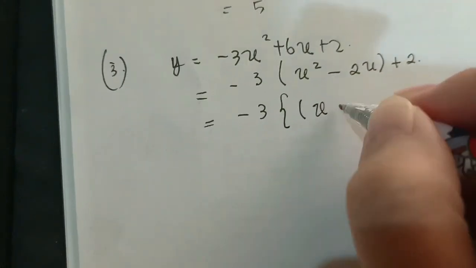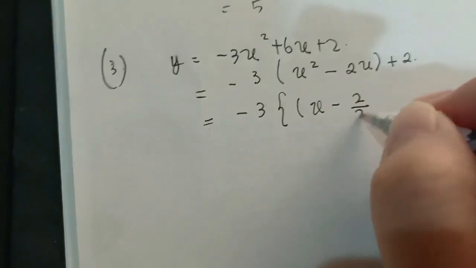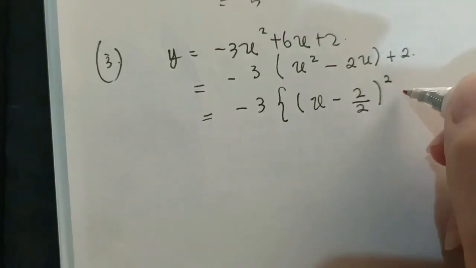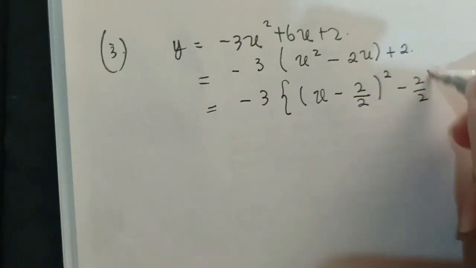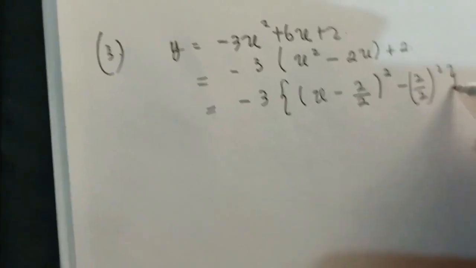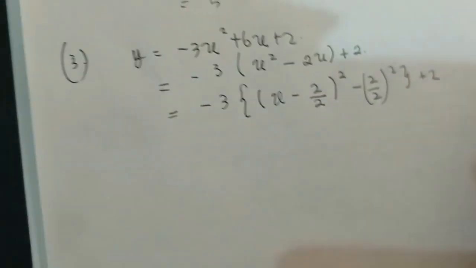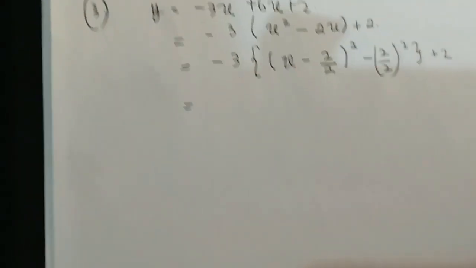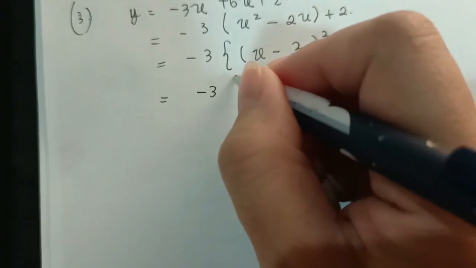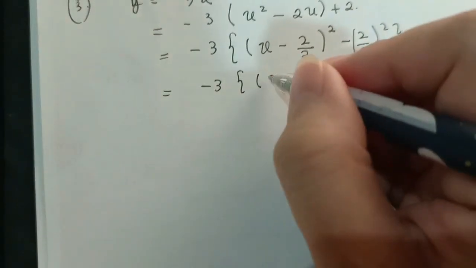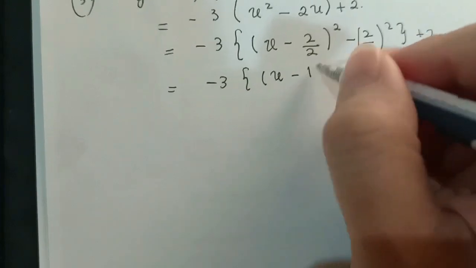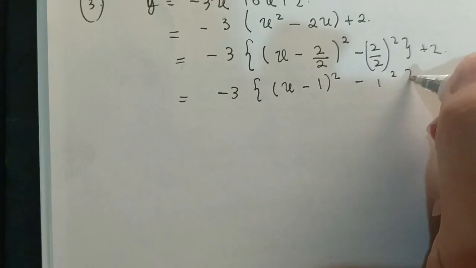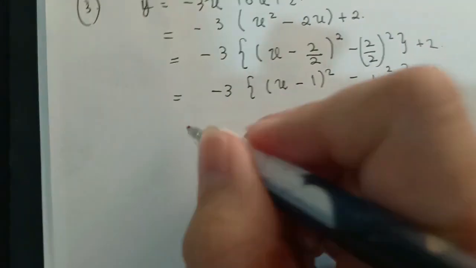In the bracket, x minus 2 divided by 2, the x is gone over here, replace with quadrat, then minus 2 per 2 quadrat, close it again, plus 2, equal minus 3 in the bracket, another bracket, x minus 1 quadrat minus 1 quadrat in the bracket, plus 2.